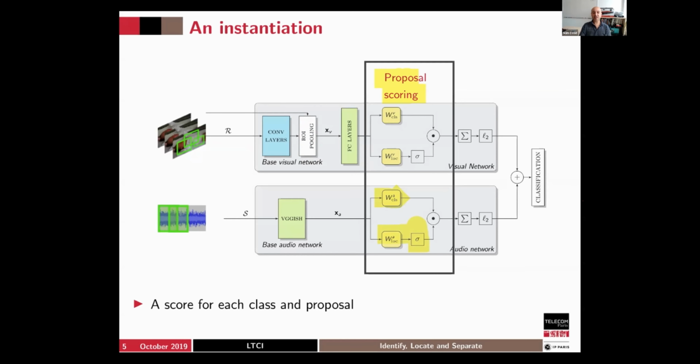And so the classification stream output is then weighted simply by the softmax output, hence performing a soft selection of proposals for each class. So class scores over the whole recording are then obtained by summing the resulting weighted scores over all the proposals across time and space.